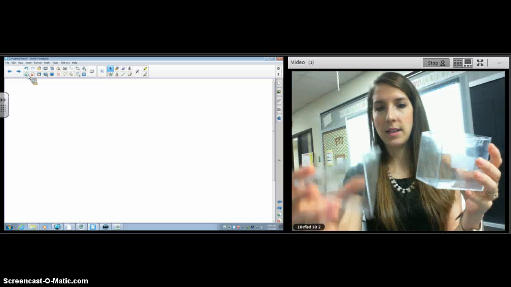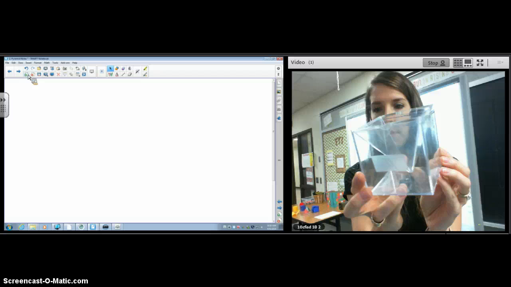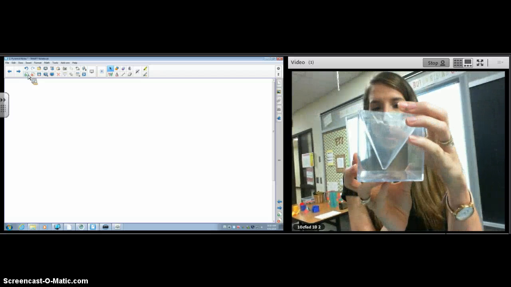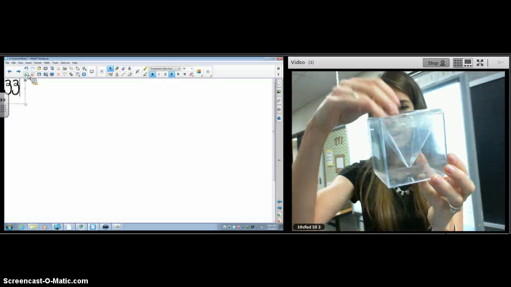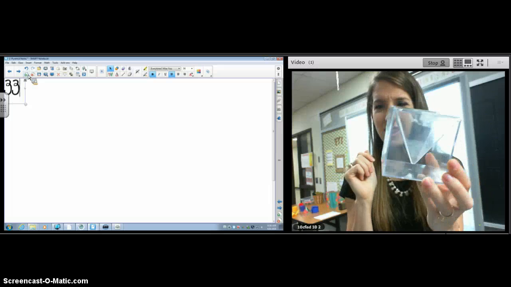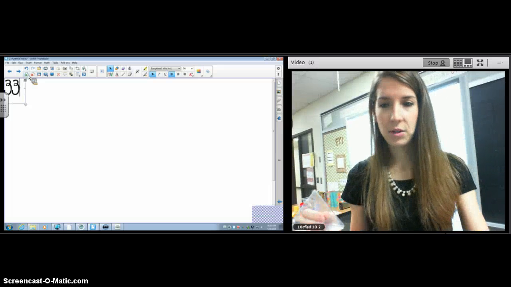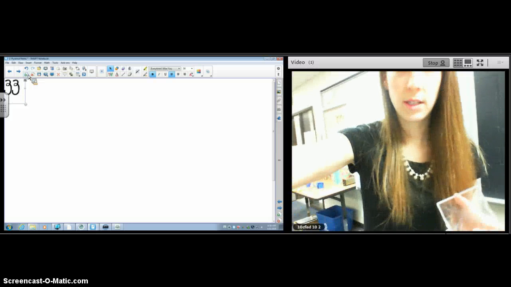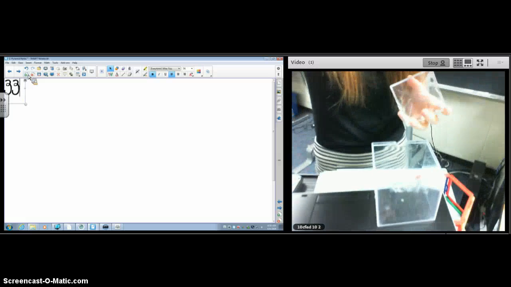How many pyramids could fit into a prism with the same base? When I just look at it, to me it looks like only 2 of these could fit in here. It doesn't look like there's that much room to fit that many more. But when you use an actual liquid, let's see if we can do this experiment. Usually I have kids come up to the front so that I have more than one hand.